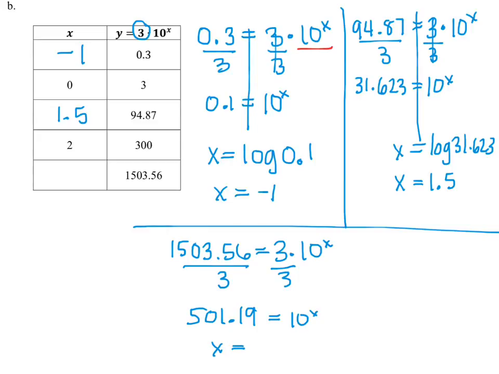Rewrite that as a log. x equals log of 501.19. When I put that in a calculator, I get x is 2.7, or pretty close, it ends up rounding to 2.7.